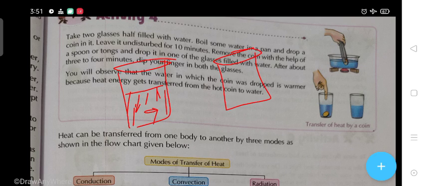There should be another glass also filled half with water. If you put that hot coin in one glass, then after 2-3 minutes, if you dip your finger, you will feel warm. It means the temperature has increased because of the coin you put in that glass. So it means the heat has been transferred from the hot coin to the water.